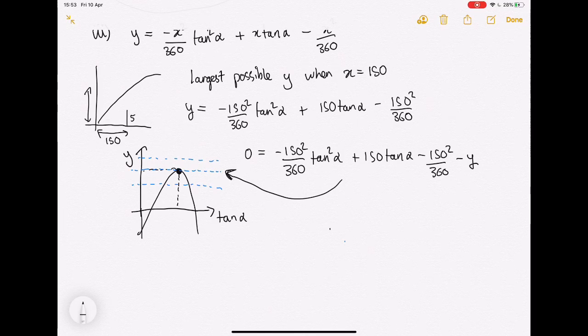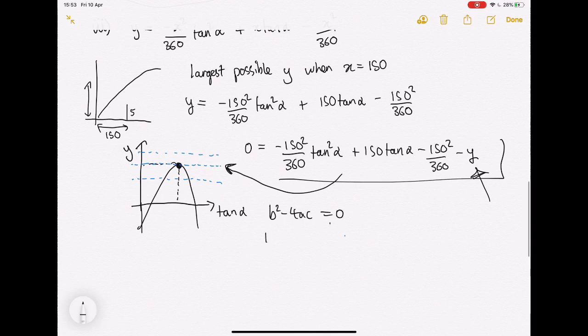So we want to know when the discriminant of this whole equation, including this y here, is equal to 0. So we want b squared minus 4ac equals 0. Well, b squared is 150 squared minus 4 lots of minus 150 squared over 360 times c, where our c here is minus 150 squared over 360 minus y.